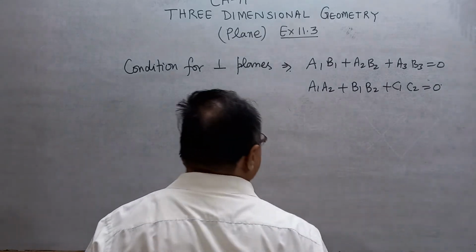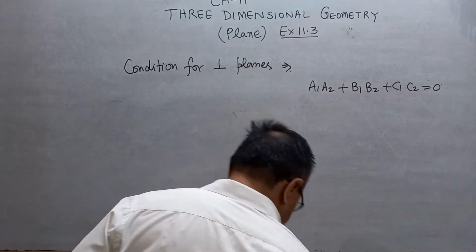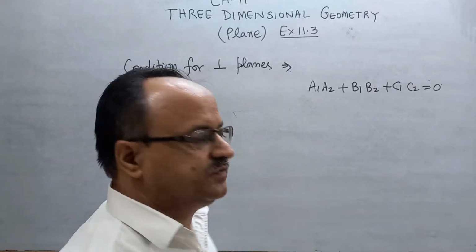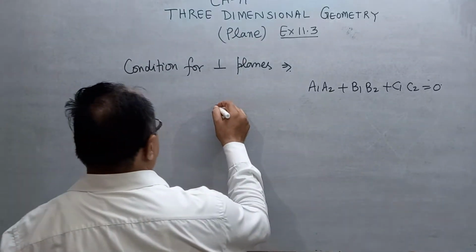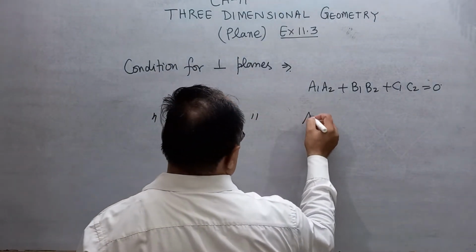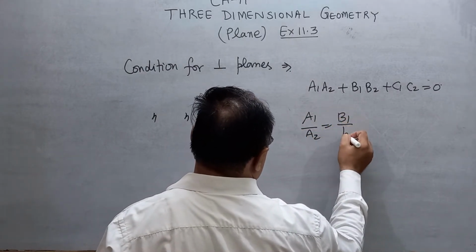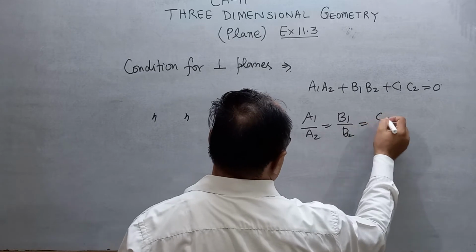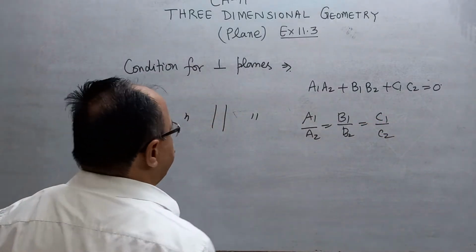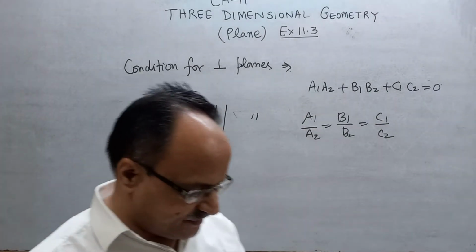You can use this formula because it is the same formula as in lines: A1, A2 plus B1, B2 plus C1, C2 is equal to 0. And the condition for parallel planes is A1 by A2 is equal to B1 by B2 is equal to C1 by C2. This is the condition for parallel planes. Clear?